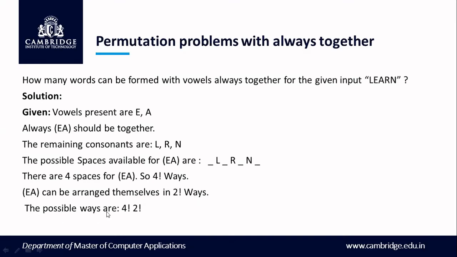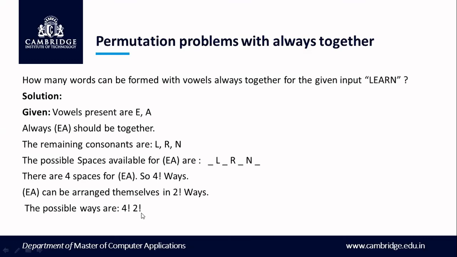Therefore, the total possible ways is 4 factorial into 2 factorial. 4 factorial is the spaces available for EA to get filled, and 2 factorial is the possible ways of arrangement of EA, either EA or AE. Therefore, the final answer is 4 factorial, that is 4 into 3 into 2 into 1, into 2 factorial, that is 2 into 1. So this is the problem for always together.